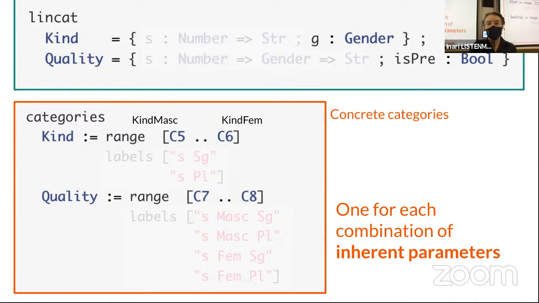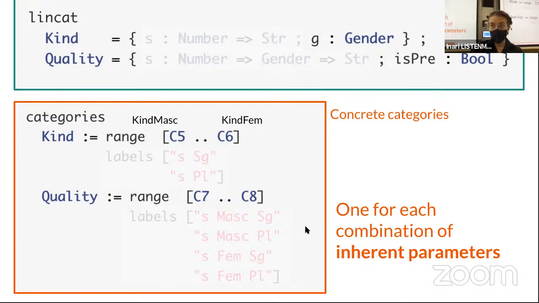Here you can see C5 corresponds to the kind where the gender is masculine, and C6 corresponds to the kind where the gender is feminine. And vice versa, one of them is the quality where it's inherently pre, and one of them is where it's post.